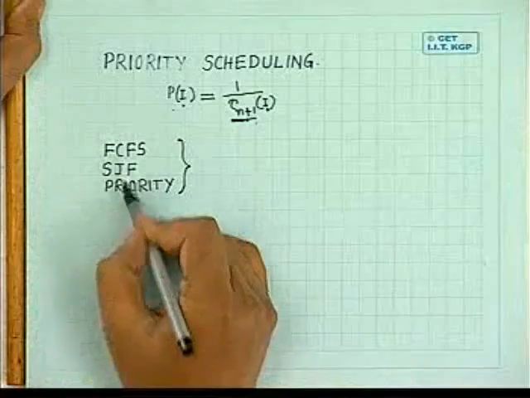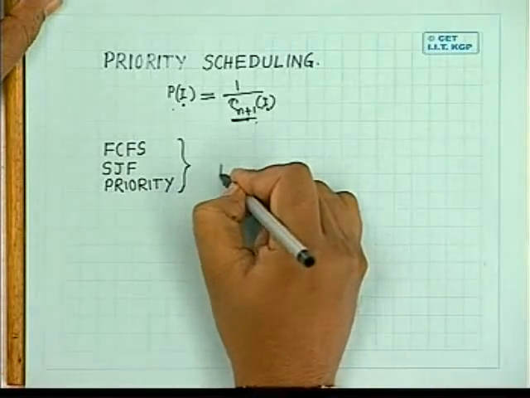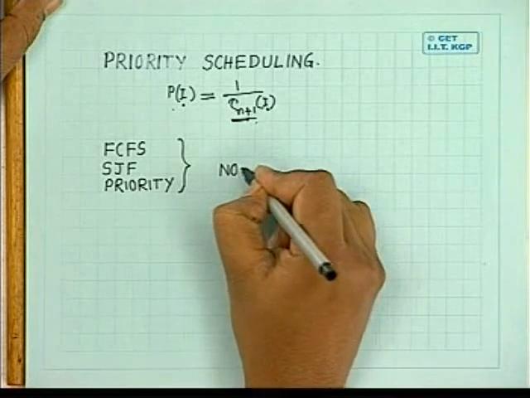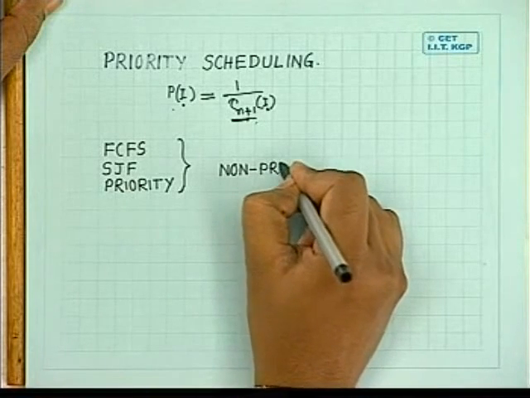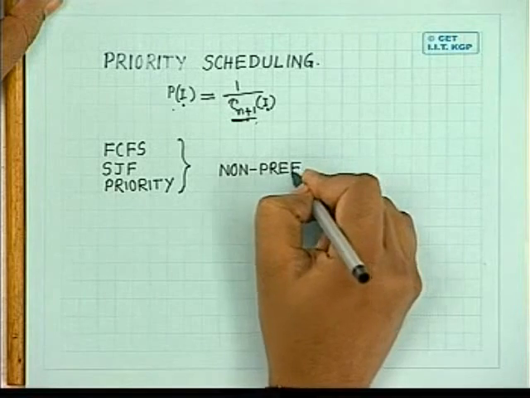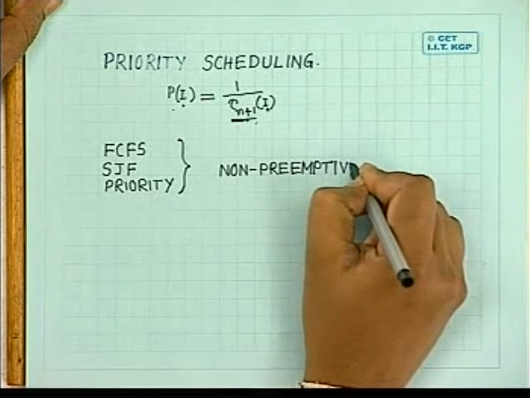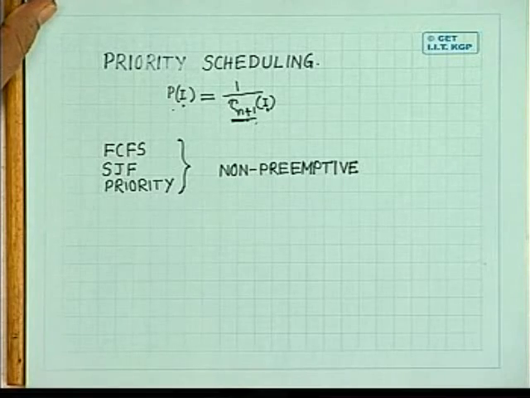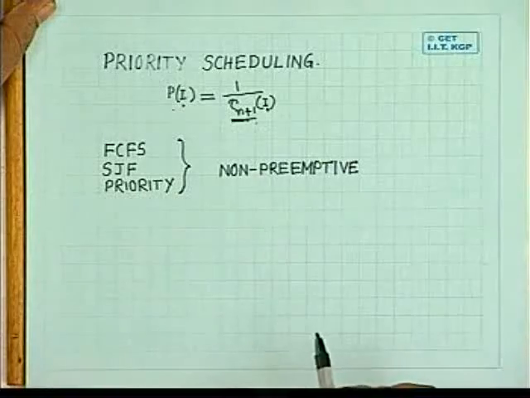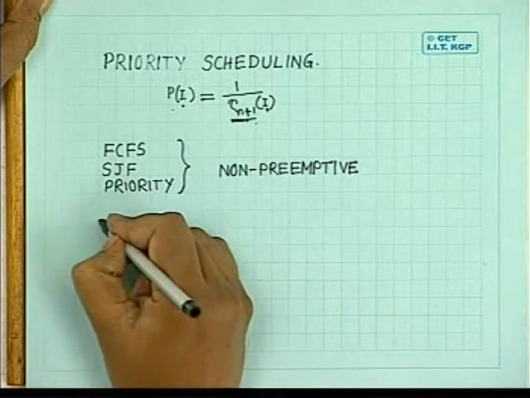These three CPU scheduling techniques are normally known as non-preemptive scheduling. As we have the non-preemptive CPU scheduling, we can also have the reverse, that is preemptive CPU scheduling.